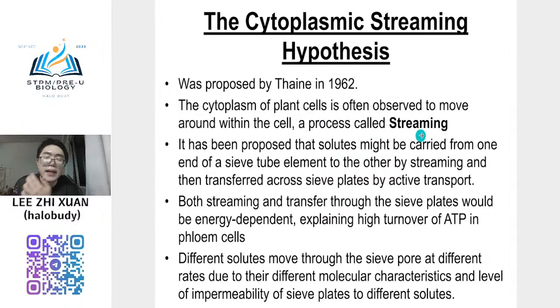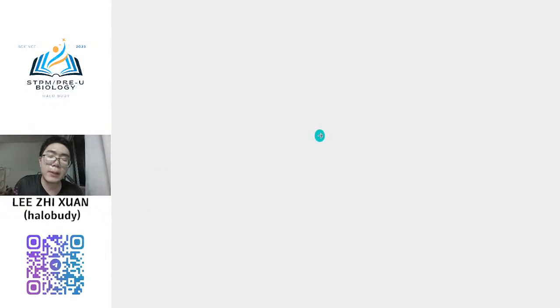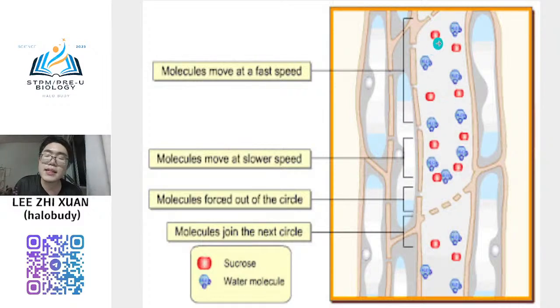When you see this diagram, any molecule inside the sieve tube element moves very freely. The molecule far from the sieve plate moves very fast, but when it is near the sieve plate, the molecule moves at very slow speed.